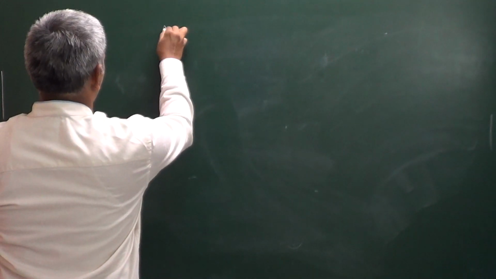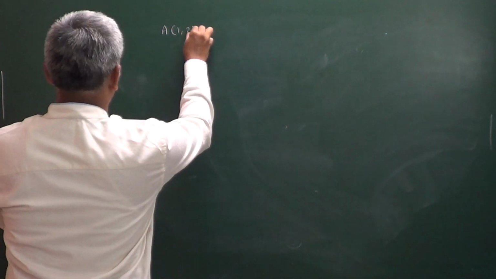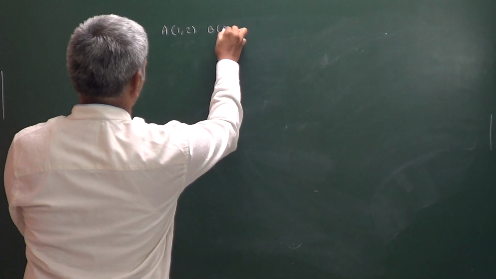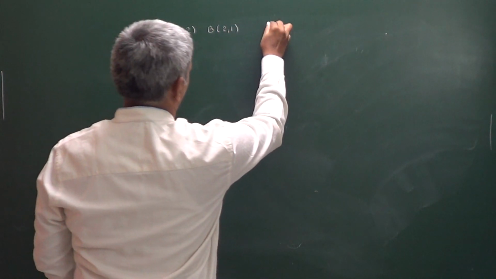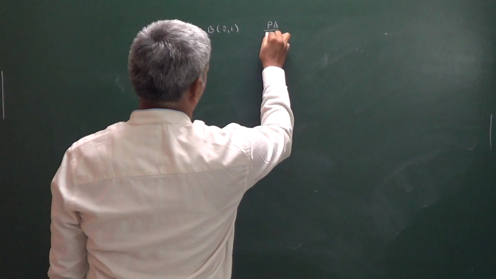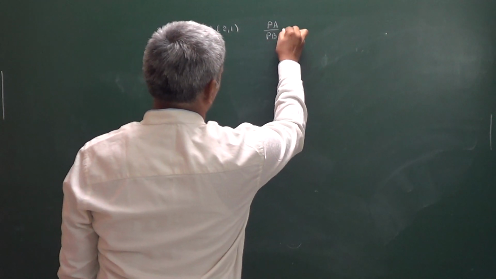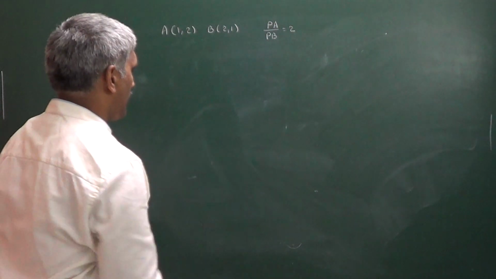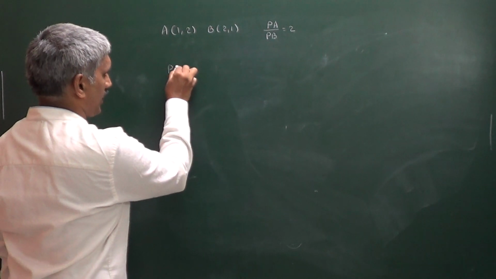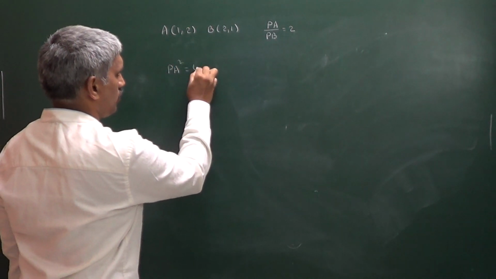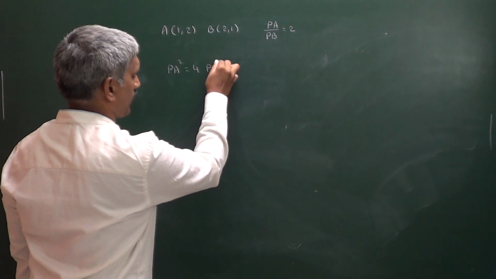Next question is given like this: A is given as (1, 2), B is given as (2, 1), and the condition is given as PA by PB is equal to 2. Then we can write PA square is equal to 4 into PB square.